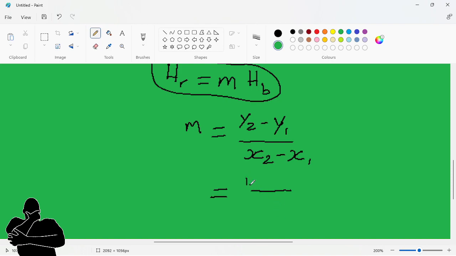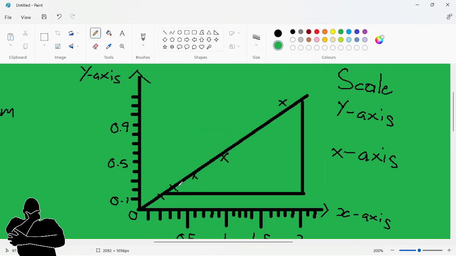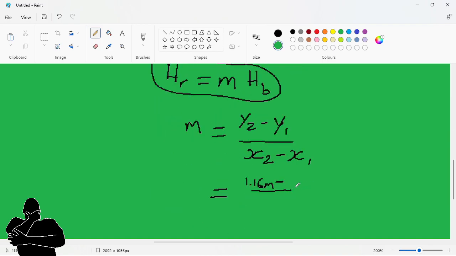So we're going to get 1.16 meters, and then y1 would be the y value down here. So this would be approximately 0.16.